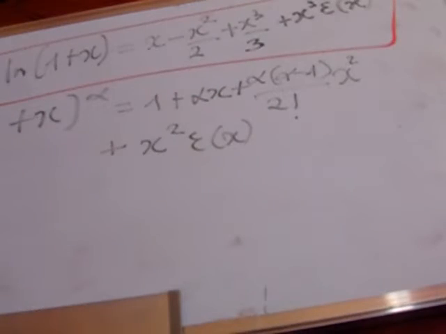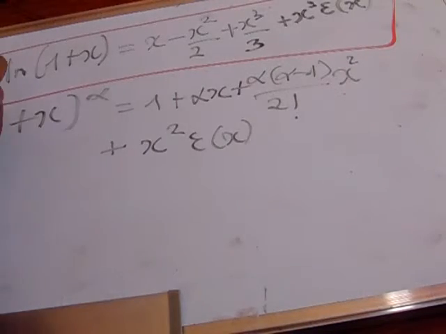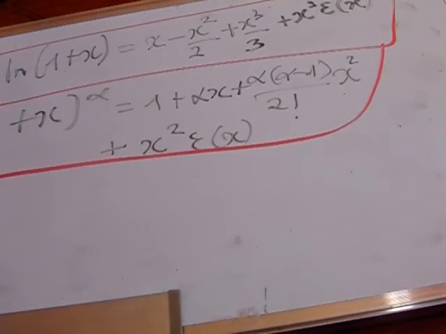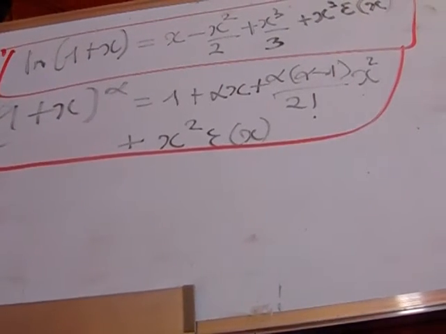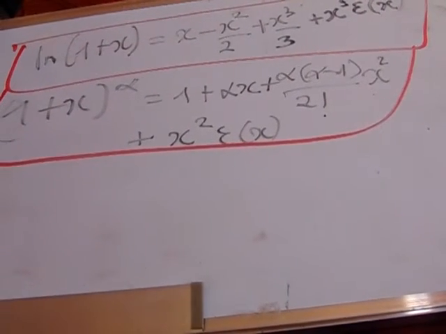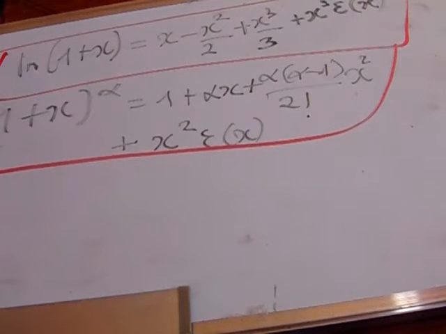This is another basic DL, and we can use this also to get other basic DLs. Please don't forget to be making these records in your book. So 1 plus x raised to the power of alpha, we use it to get other basic DLs.